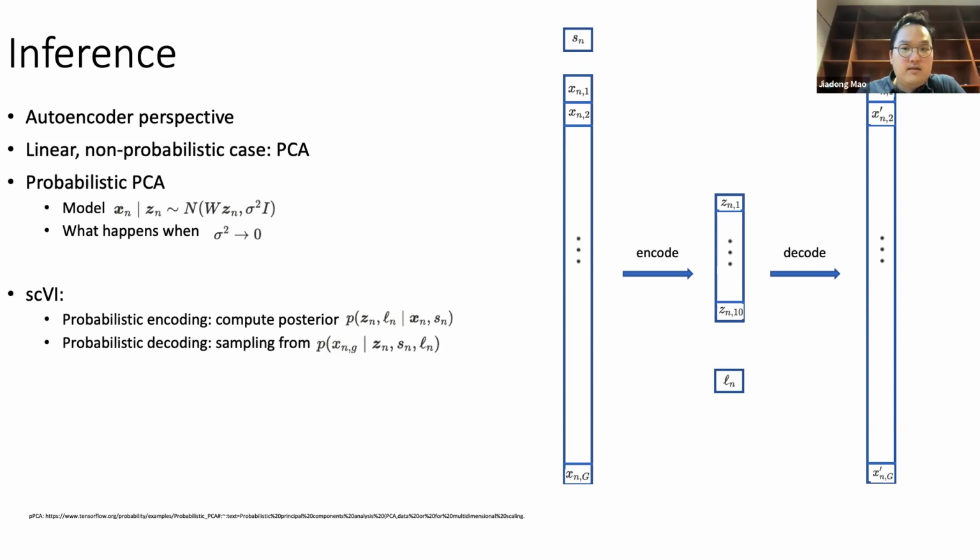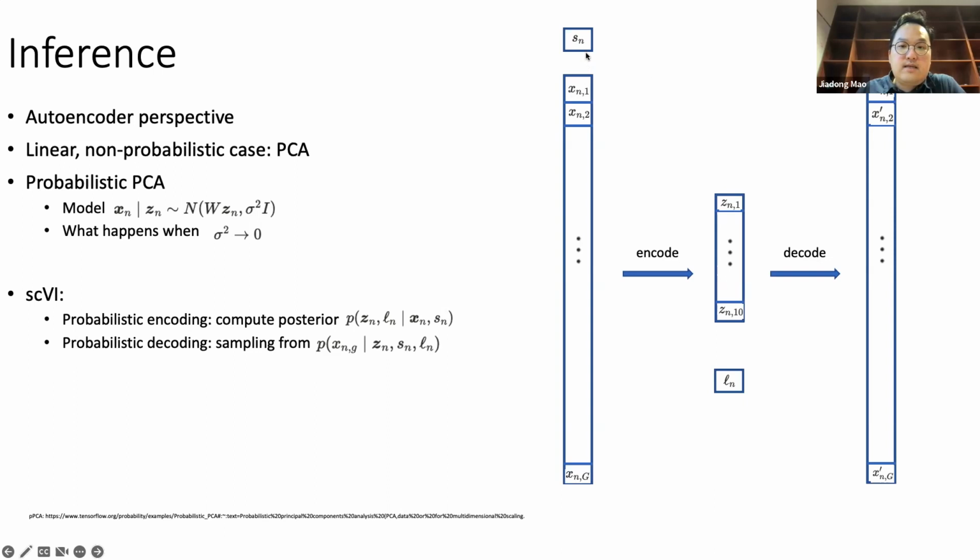Now, if we look at the whole problem from an autoencoder perspective, what is an autoencoder? The input of our problem is the counts. For the nth cell, we have 1, 2 until G genes, G features.